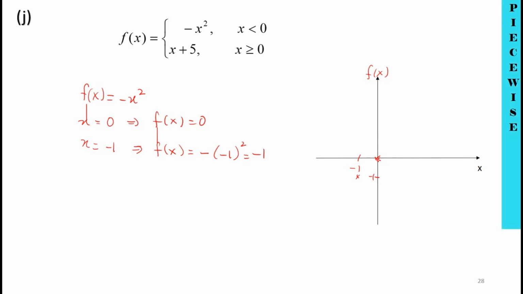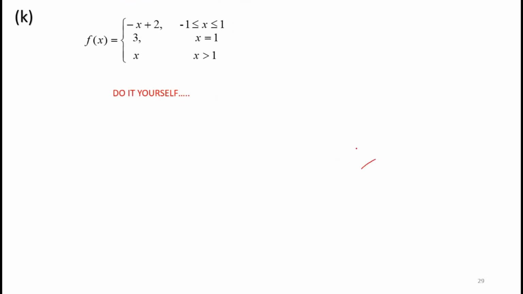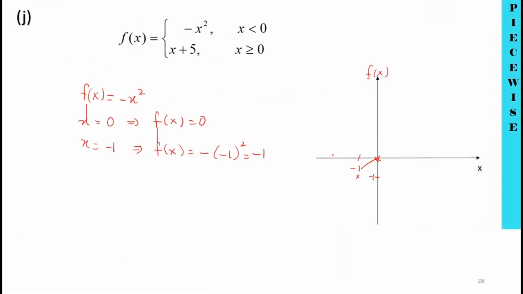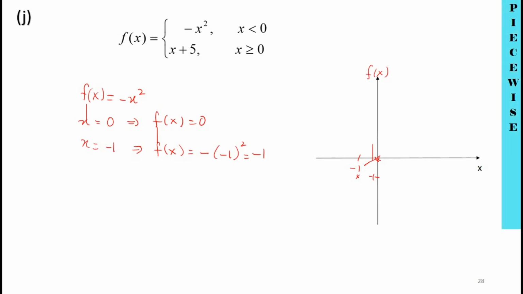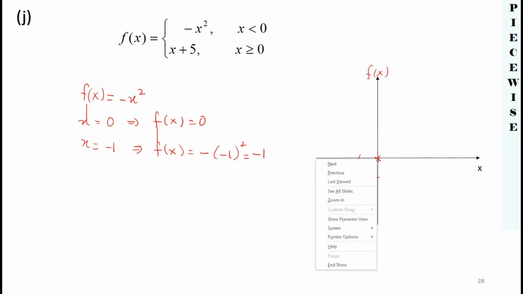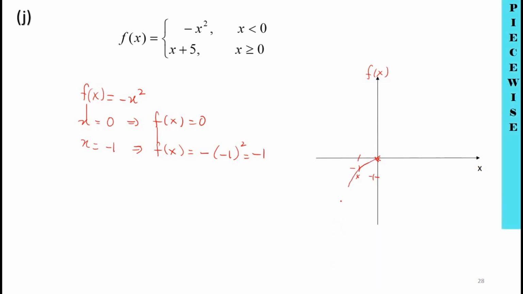So you can connect these 2 points, but it must be in a U shape. So you have this. Okay, so this is f(x) equal to negative x squared for x less than 0.